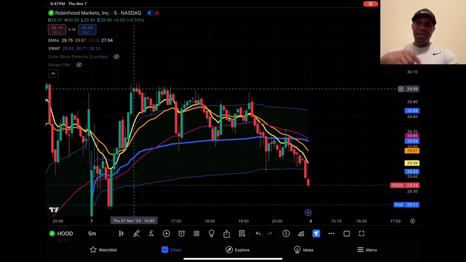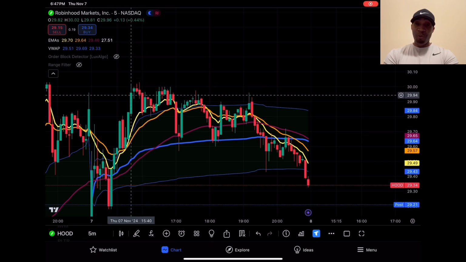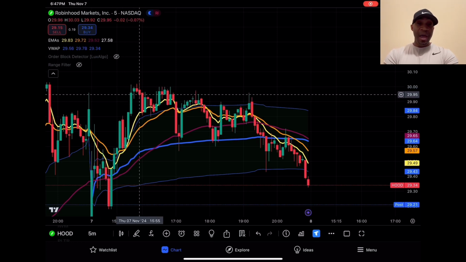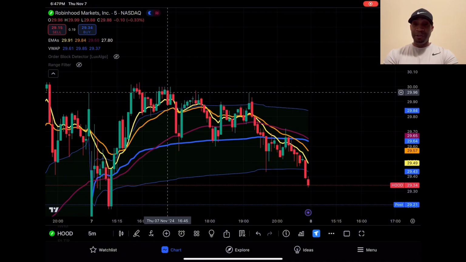But guys, if you can recognize these pattern setups, the candlesticks are telling a story. Once you recognize what they're trying to tell you, you can make money. You can know where your entry is at, and you can also know where your exit is at. Once I see them making that little curve point on that first top, I'm already sitting back and I'm waiting for them to show me that same pattern.